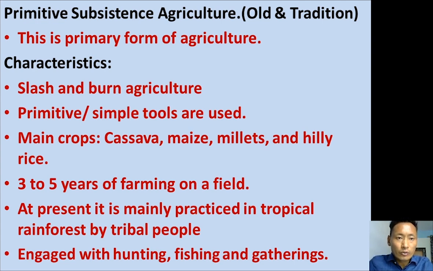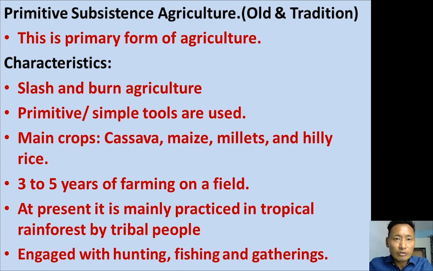Later on we have to dry this vegetation, and when it is dried, we burn it. Finally the ashes give fertility to the soil. That is why it is also called slash and burn agriculture. In order to make an agricultural land, we have to slash and burn the vegetation.